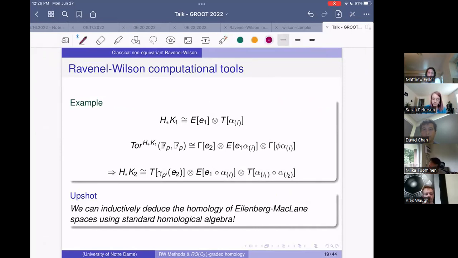So an example of what this does, well, let's start with the homology of K1, which we've just said is exterior on a generator E1 and truncated polynomial on some generators alpha I. Then computing the E2 page, this exterior algebra is going to turn into a divided power algebra on the suspension of E1, which I'll call E2. And this truncated polynomial algebra turns into something that's exterior on E1, the suspension of the alpha i's, and divided power on the transpotence.